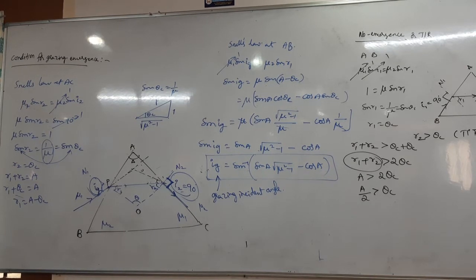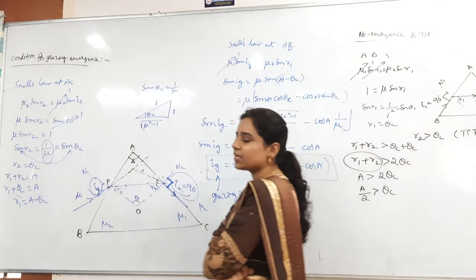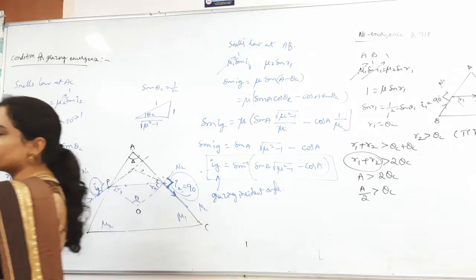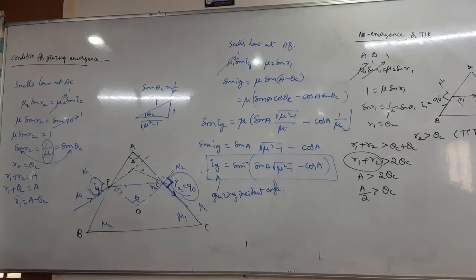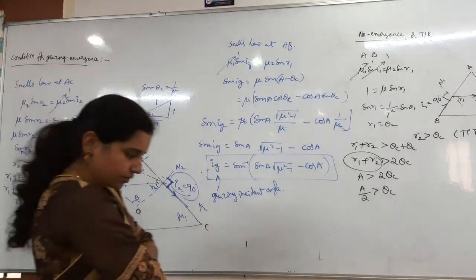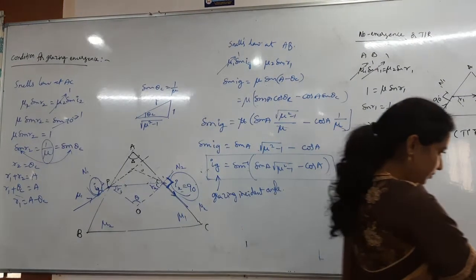For the grazing emergence, the angle of emergence should be equal to 90 degrees with respect to the normal.